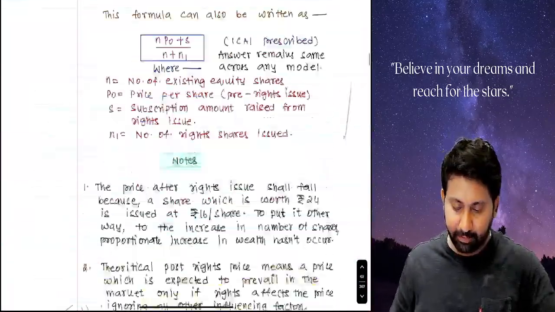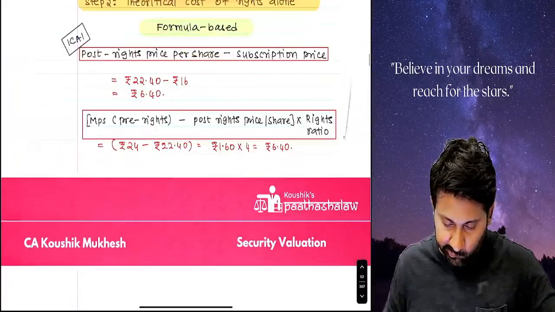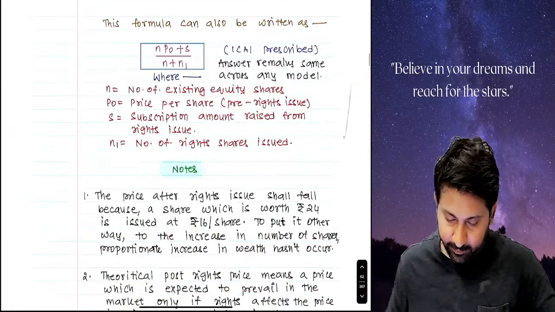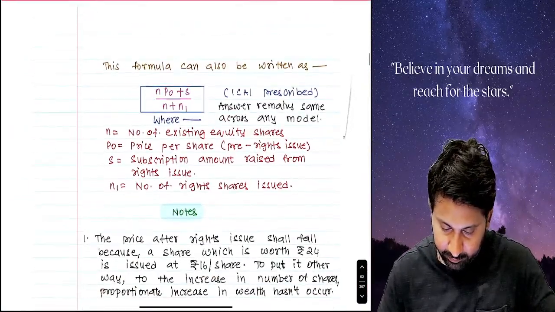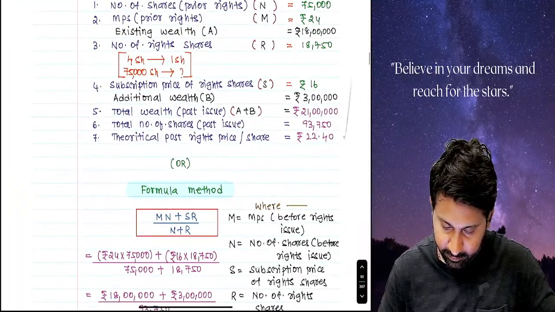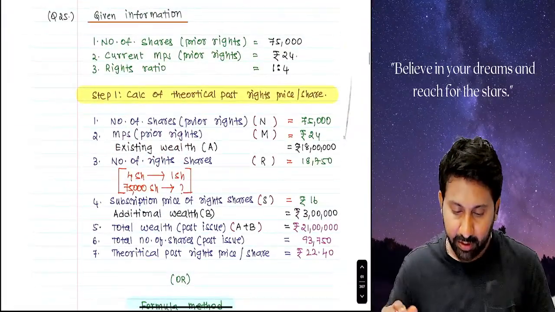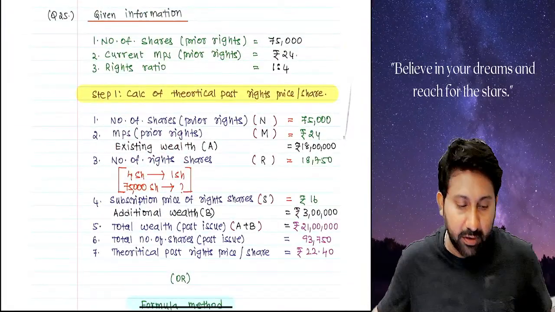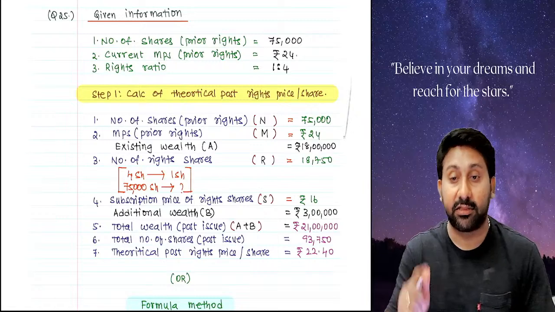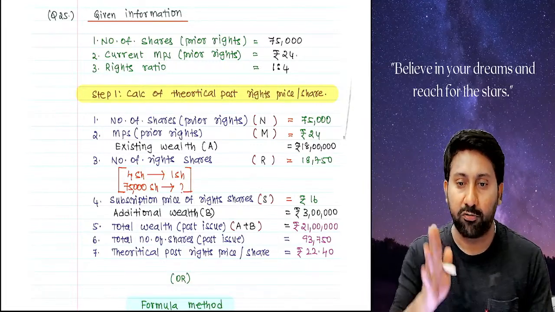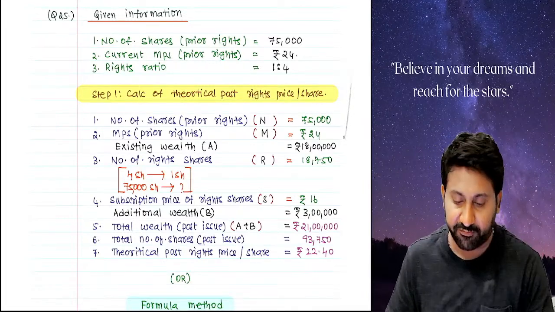See here. How they will ask a question. Rights shares, they will ask three important questions here. Question number 1, type number 1. What is the first type?